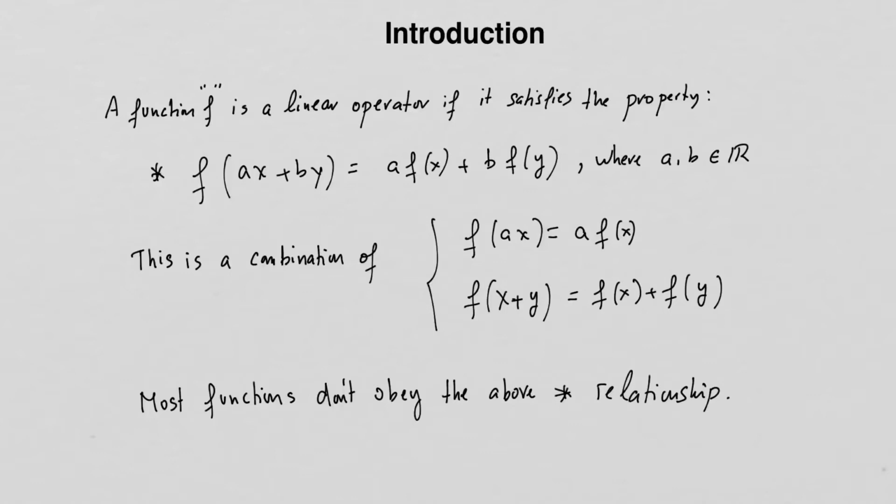Now, by the way, whatever works for the plus works for the negative sign, because let me show you, I don't want you to miss this one. If I have f of x minus y, it's the same thing as f of x plus negative y. And if this property is obeyed, then I can do this.